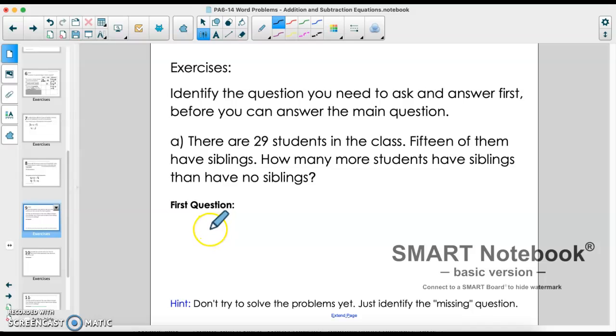That's the first question we have to ask, because that's the subtraction we have to do, right? So that's going to end up being our 29 minus 15, which is going to give us 14. And so 14 of the kids don't have siblings. And then that's going to enable us to answer how many more students have siblings than no siblings. But that's what we have to figure out first.